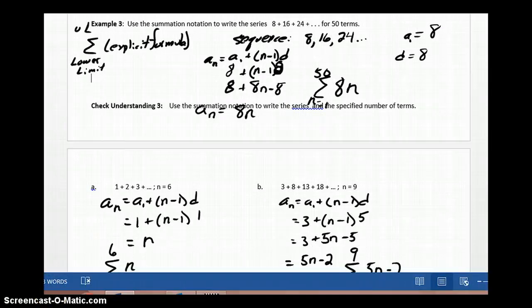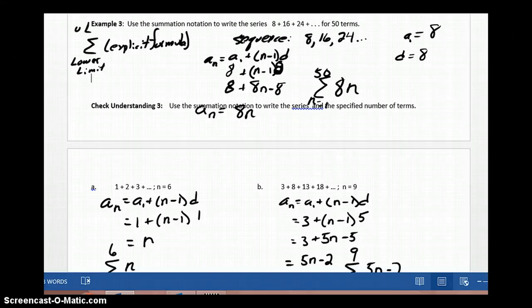So we have the sequence 8, 16, 24, up to 50 terms. If I look at that just quickly, the first term is 8, so a sub 1 is 8. The difference is also 8. So if I put this into my arithmetic sequence formula, I have a sub n equals a sub 1 plus n minus 1 times the common difference. I'll have 8 plus the quantity n minus 1 times 8.